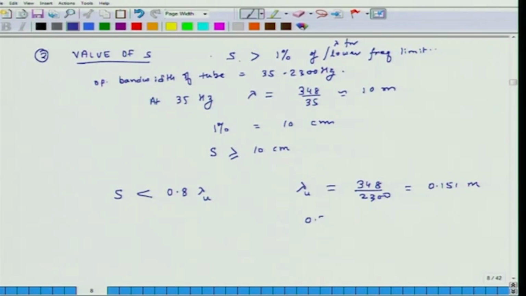So 0.8 lambda u equals 0.121 meters. So S should be smaller than 12 centimeters. So it has to be more than 10 centimeters, less than 12 centimeters, I will take somewhere in the middle, I can put it at 11 centimeters. So this is one important parameter, the spacing.